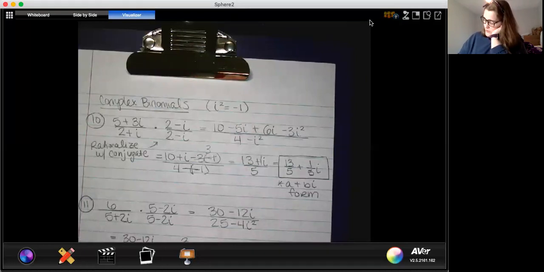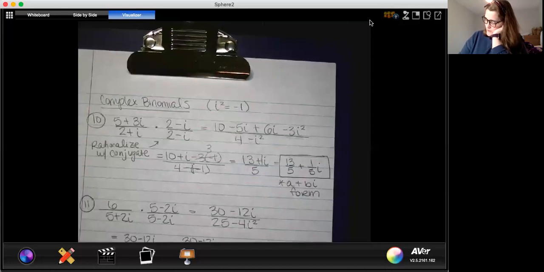Negative 4 times negative 1 is positive 4. So we get it divided by 29. None of that simplifies, so we get 30 29ths minus 12 29ths i.